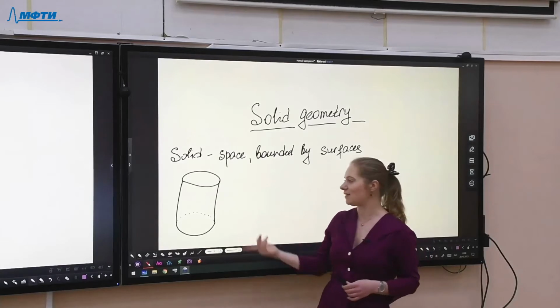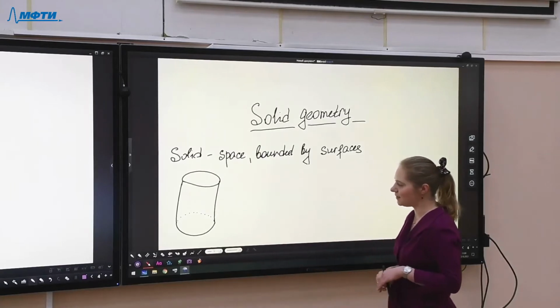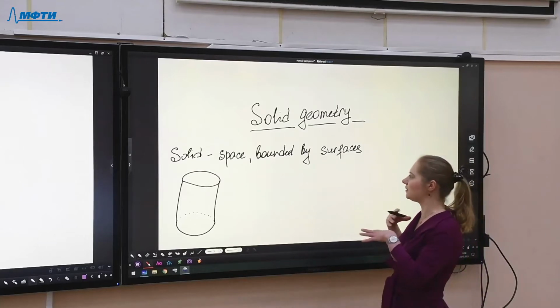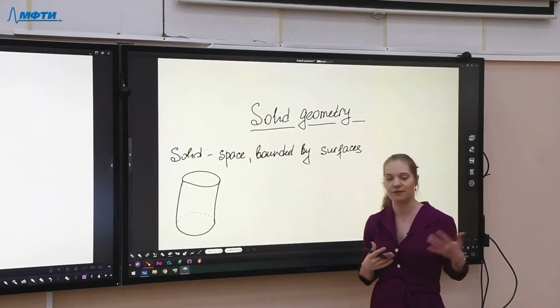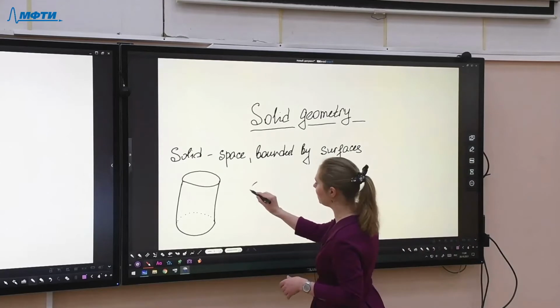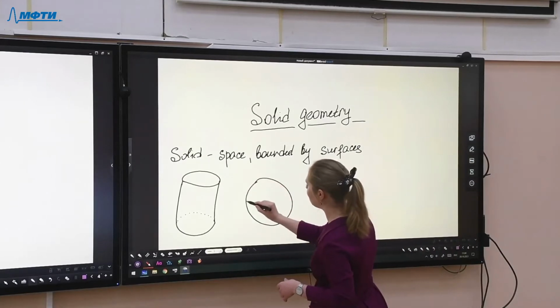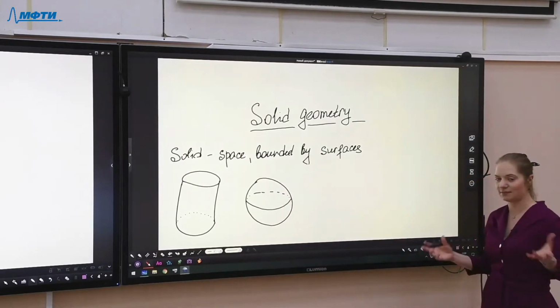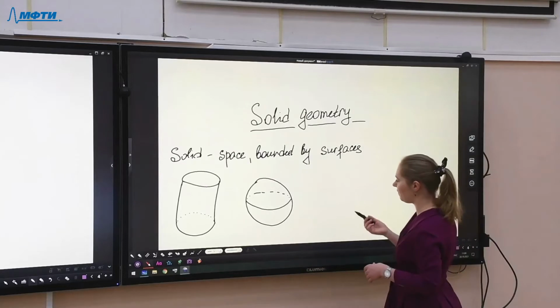And we have a cylinder, for example. Sometimes we have only curved surfaces bounding our figures. For example, we can consider a sphere. Sometimes we have only flat surfaces, for example, a cube.